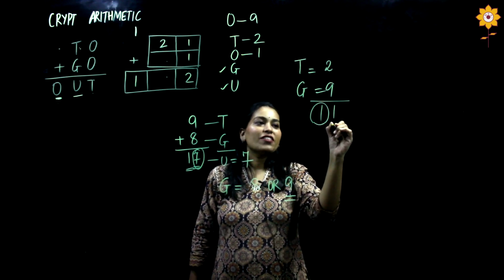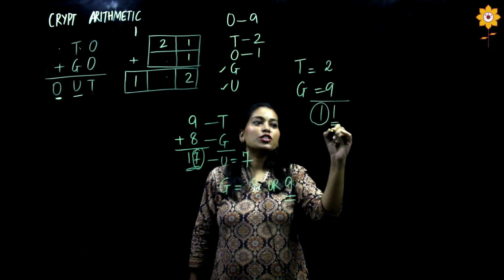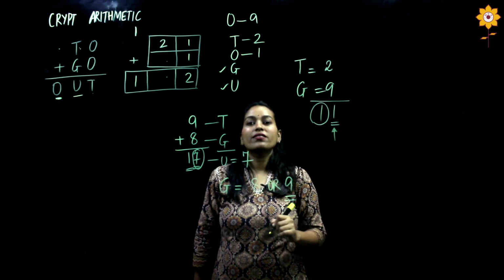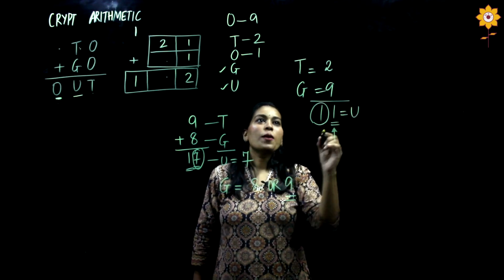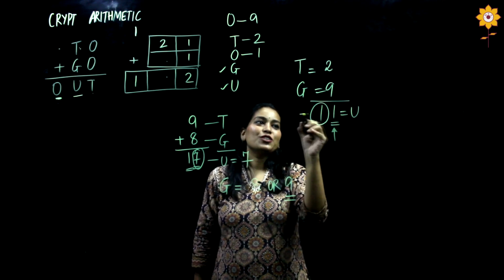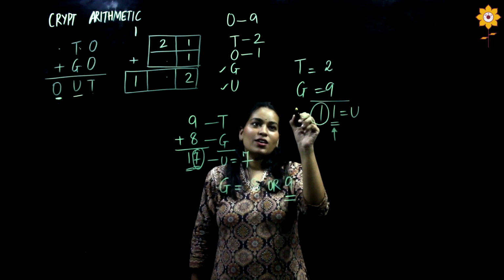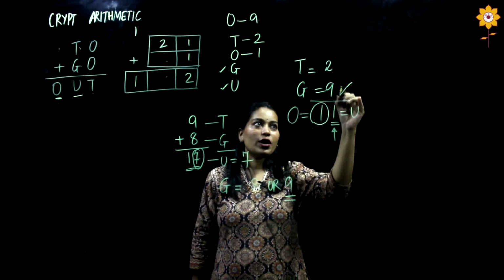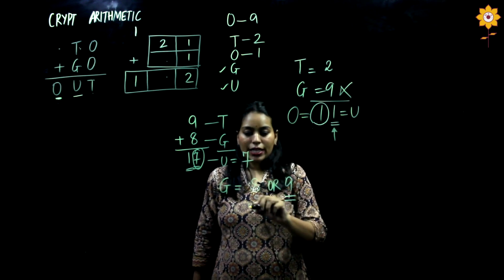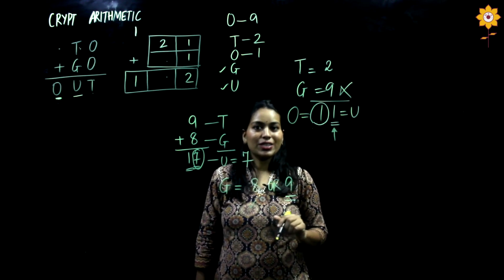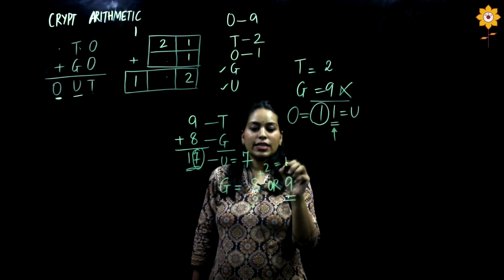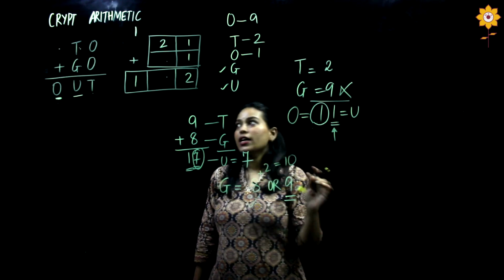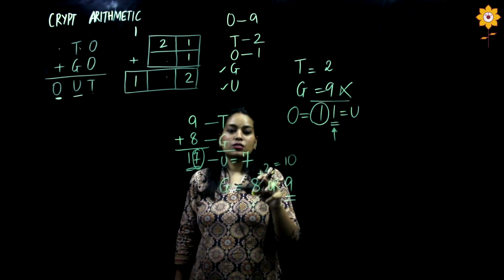But in the units place, the value that we have is 1. So 1 cannot be assigned to U because 1 is already assigned to O. So we cannot take G's value as 9. Hence we will proceed with G's value as 8, because 8 plus 2 is equal to 10.